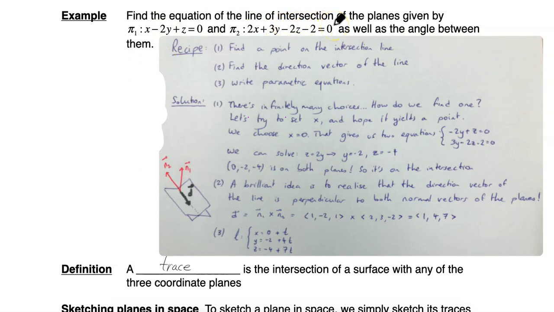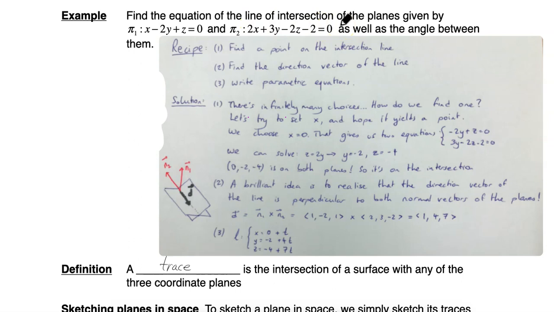Why can I just choose x equals 0? Because there are infinitely many points on the line. I have 2 equations but 3 variables, so I can just pick one, and then it'll leave me still 2 to solve. If we do that, we get the point (0, -2, -4). It's on both planes. We can check by plugging in here and there. So since it's on both planes, it's on the intersection line.